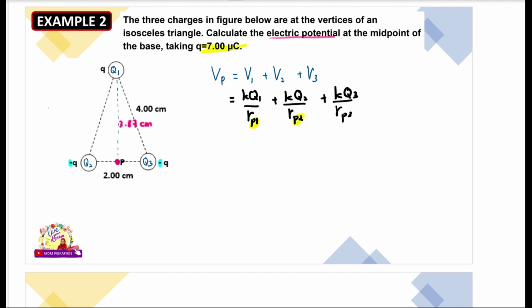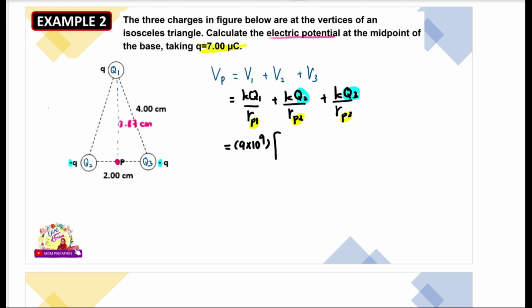So kita masukkan. Tengok kat situ. Now we can substitute. Jangan lupa Q2 dengan Q3 ada negative sign. So you masukkan nilai dia. Saya factorizekan K, so 9 times 10 power of 9.